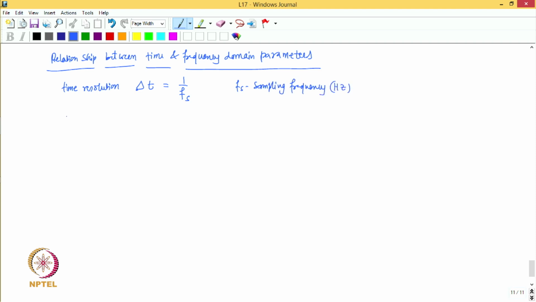Then we have the frequency resolution of the DFT, which we represent by delta f, and this is equal to 1 upon T, where T is the record length of the recorded signal. Then we also have the number of samples in T, which we represent by capital N, and this is equal to T upon delta t.